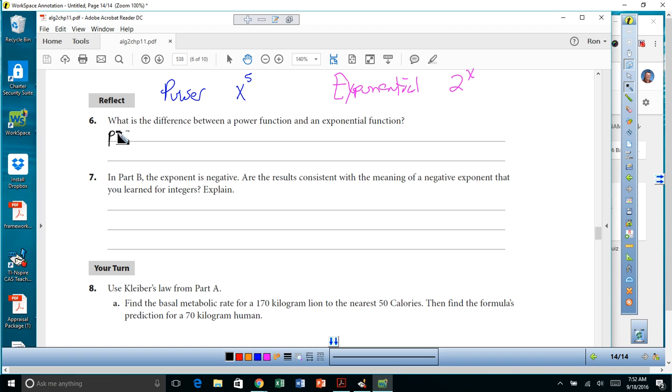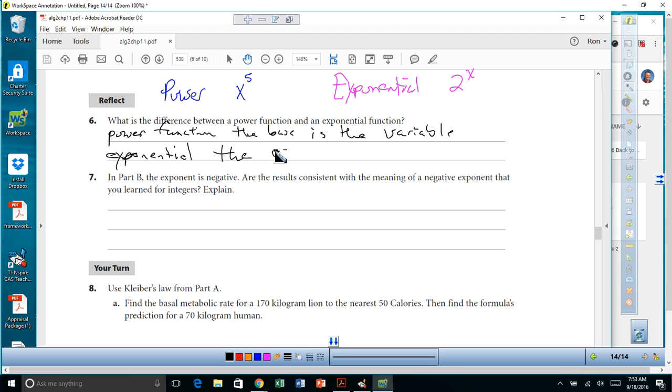In a power function, the base is the variable, whereas in an exponential function, the exponent is the variable.